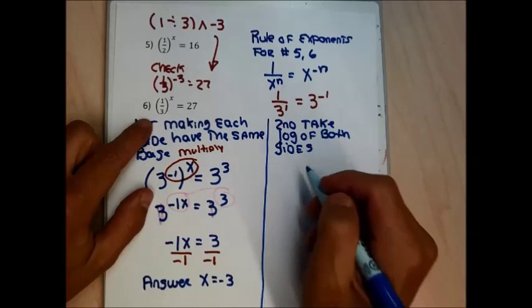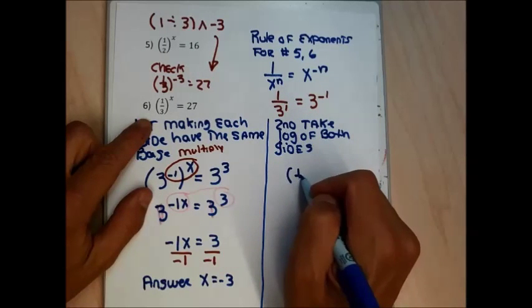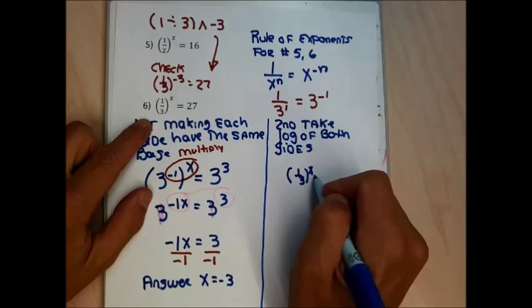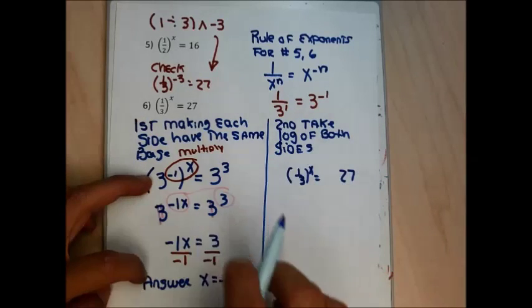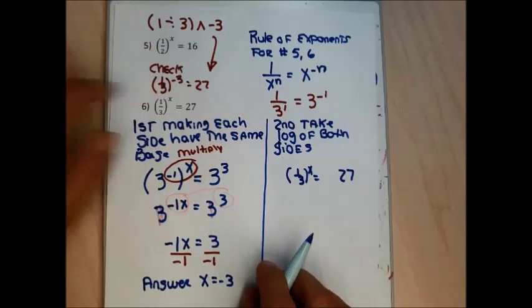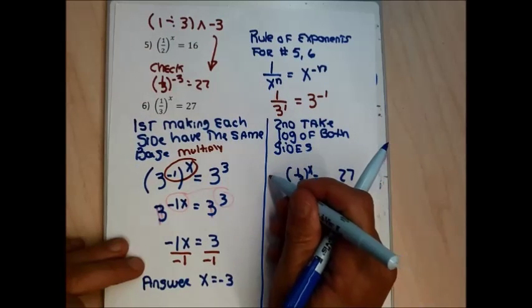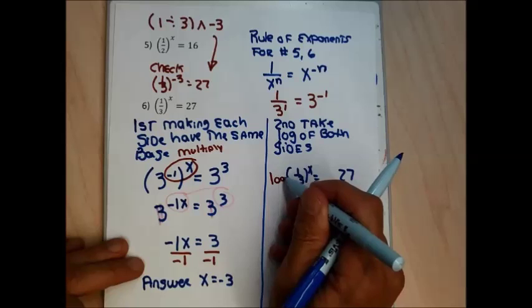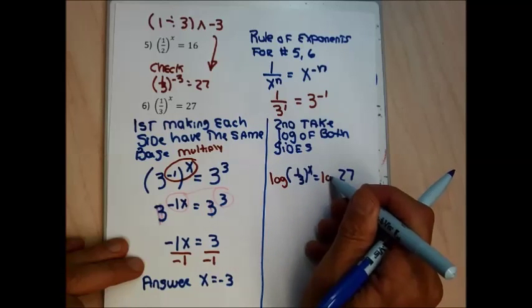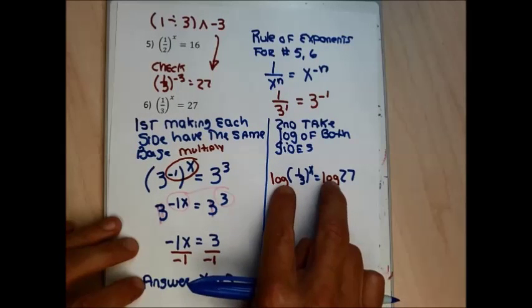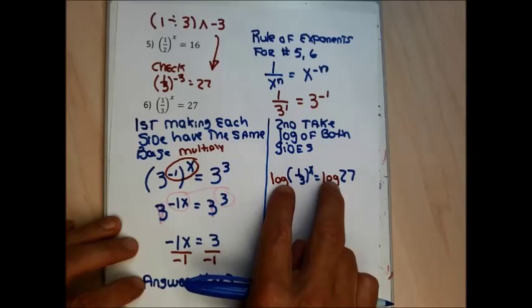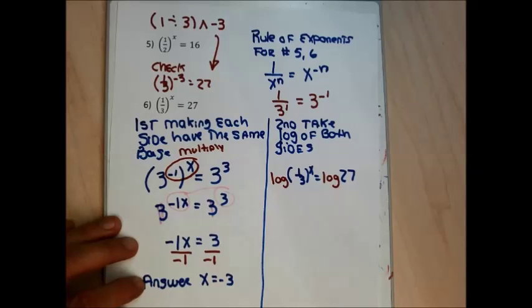So the initial problem said 1/3 to the x equals 27, and the way that I solved it was completely right. If you didn't remember this rule, eventually we're going to learn how to solve these problems with logarithms, and the way to solve a problem that has an x and an exponent with logarithms is to take the logarithm of both sides. Usually I take the logarithm base 10 because that's one of the bases my calculator can do.